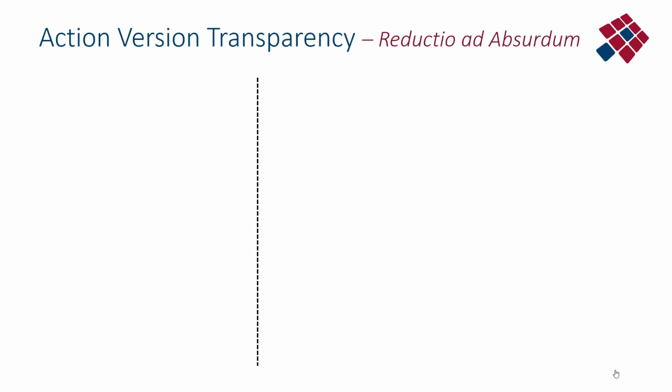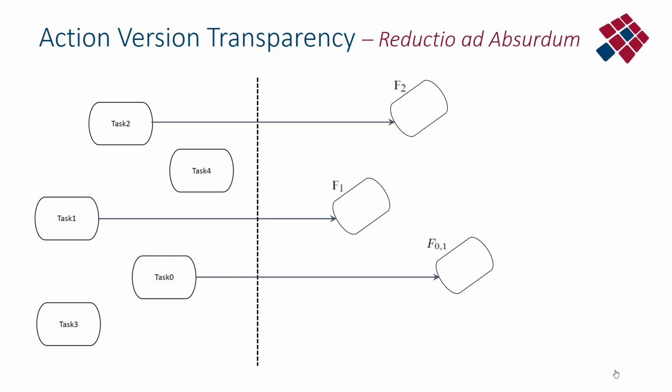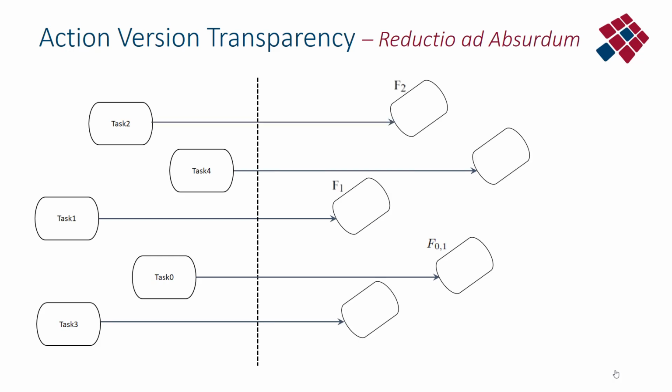The second design theorem is what we call action version transparency, and we once again start from a reductio ad absurdum. Suppose we have a number of tasks and actions implemented in software, in functions implementing the task, and suppose these tasks or actions are dependent on one another.